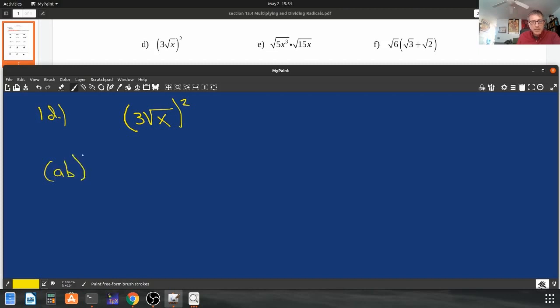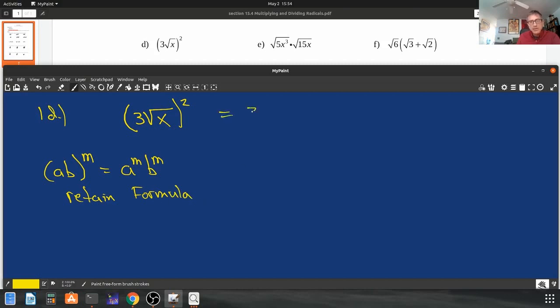A times b to the nth power is equal to a to the nth times b to the nth. Remember that. And that's something we learn later, so you have to retain formula knowledge. And the hope is in mathematics you use it so much it's not so hard to retain.